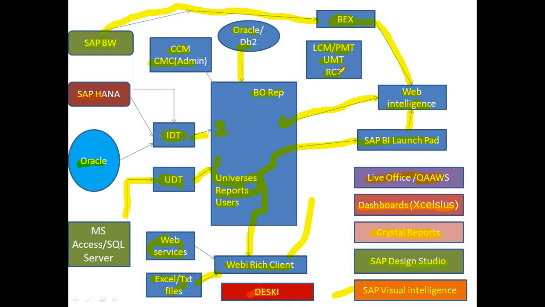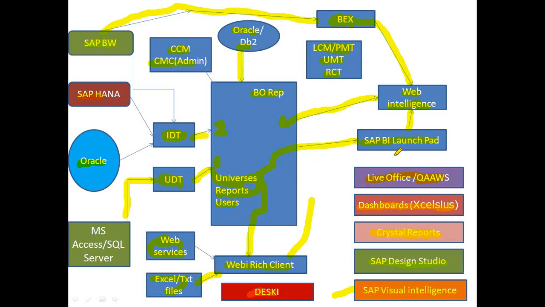I'm talking about the report conversion tool. RCT is another tool with which we can convert Desktop Intelligence reports to Web Intelligence reports. Say you already implemented a set of reports and universes in 3.1 and you are migrating from 3.1 to 4.1.